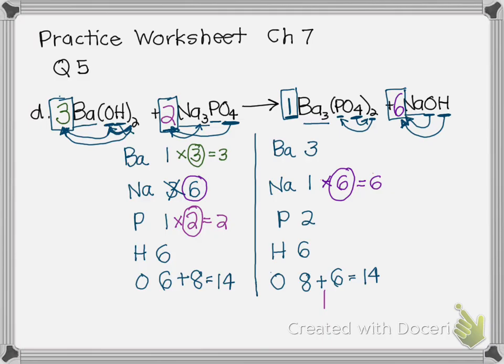If you've been practicing your polyatomic ions, then you might notice that the hydroxide, OH, is on both sides, and the phosphate, the PO4, is on both sides. In single and double replacement reactions, the polyatomic ions just switch partners. And so when we balance, we can do them together.